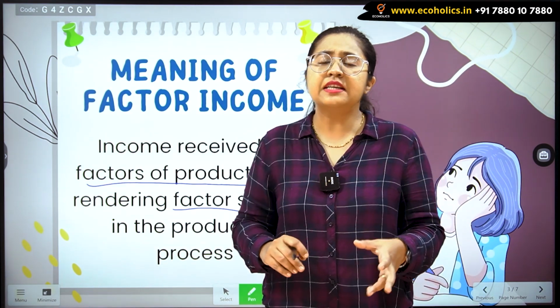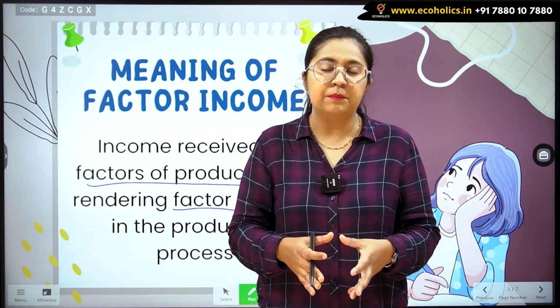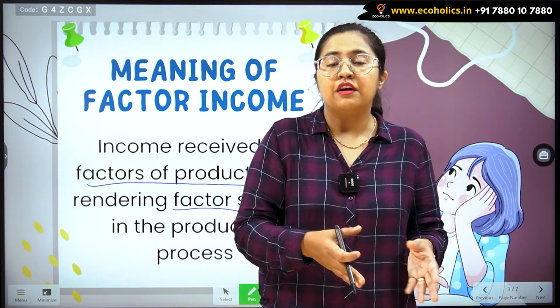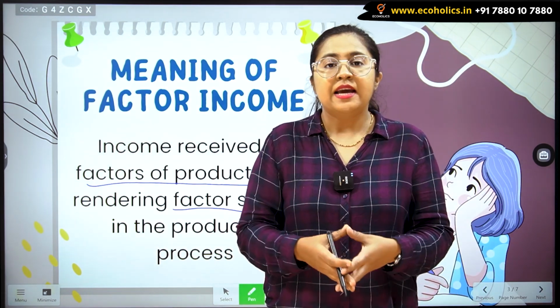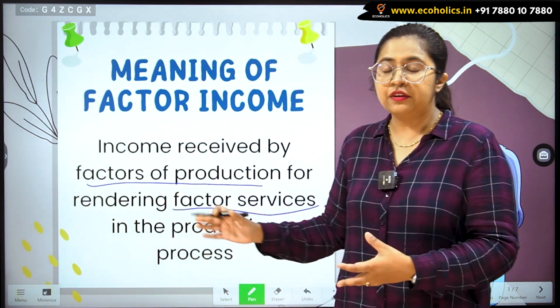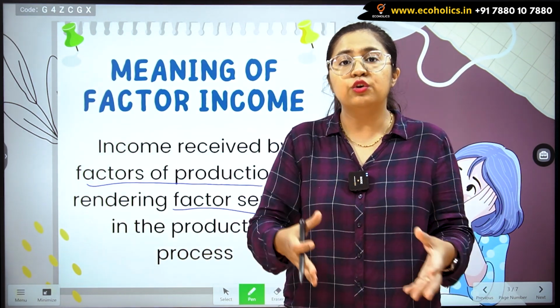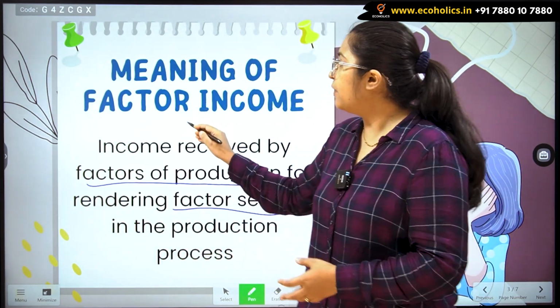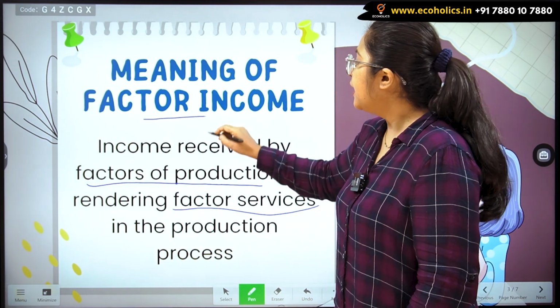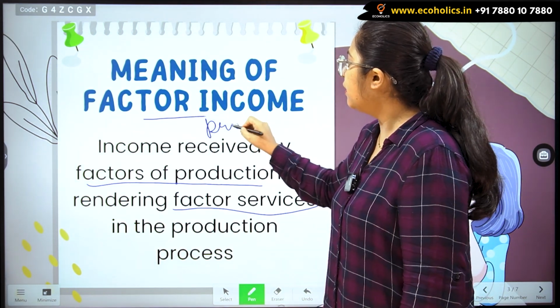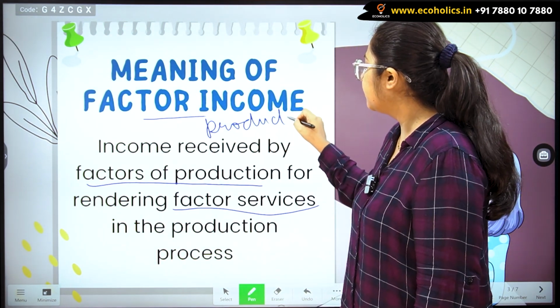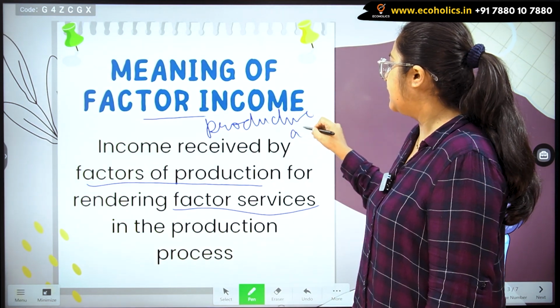A very interesting thing about factor income and how it is different from transfer income is that it is received for the production of a certain good or service. Whenever you talk about factor income, it is always received for a productive activity.